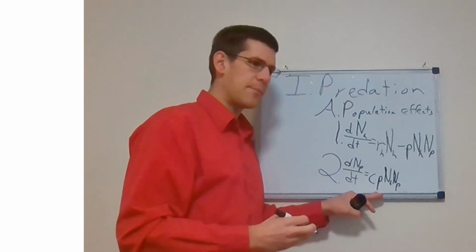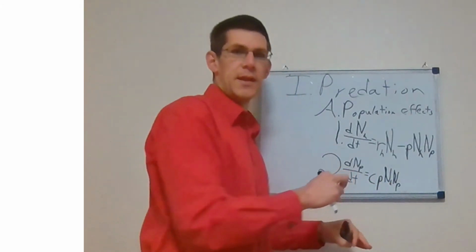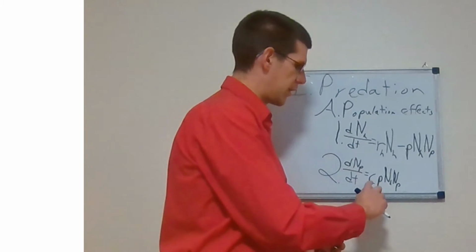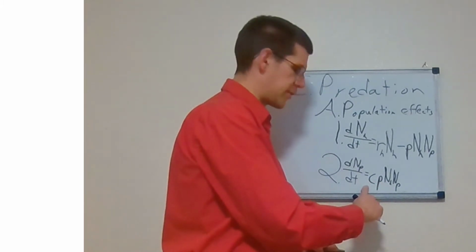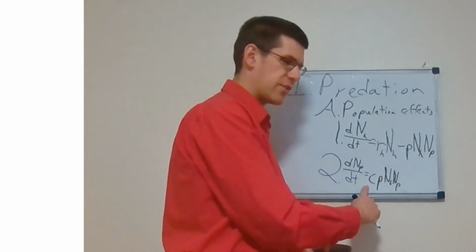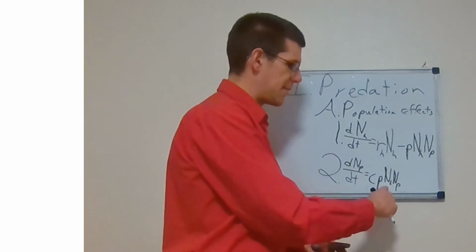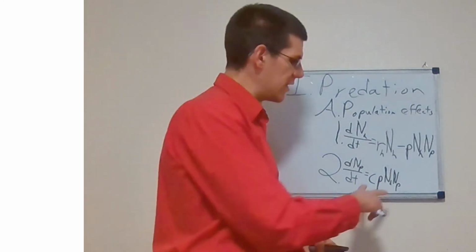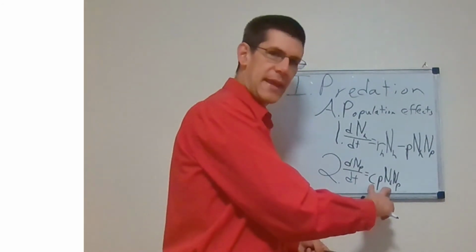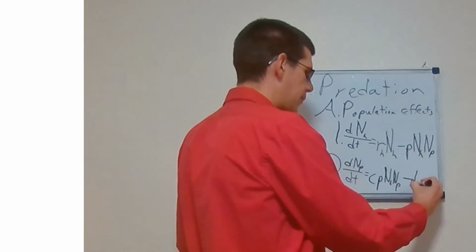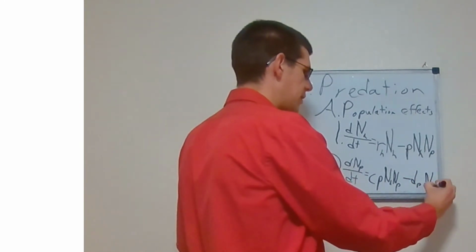So instead of RNP, you have CPNP. So CP is your R, the conversion rate of prey into predator. So basically their ecological efficiency or trophic efficiency times how many are being captured times how many there are. And that is essentially RP.